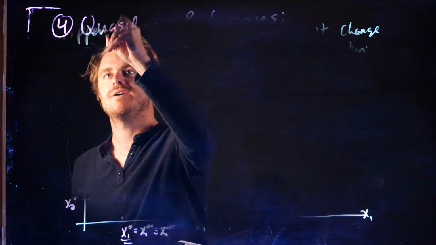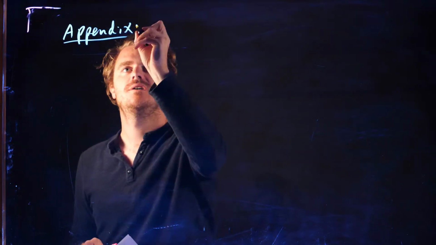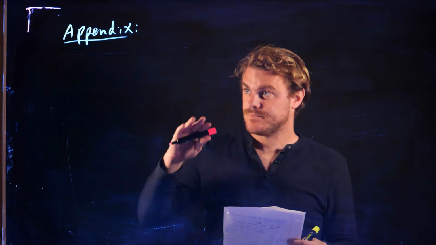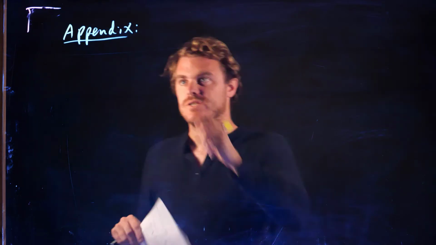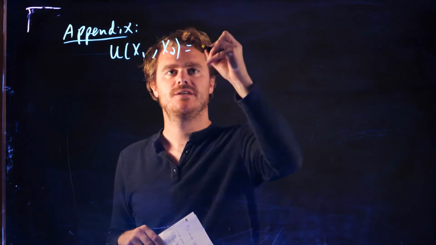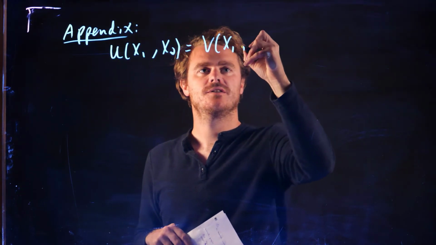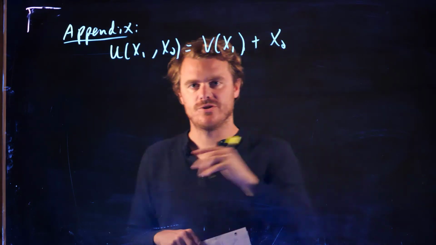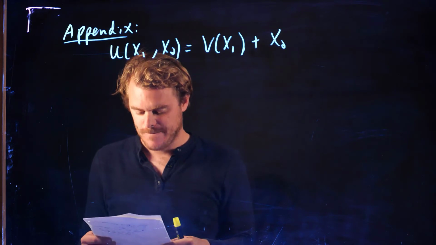These quasi-linear preferences, just the first part of the appendix, we talk about this. So again, we have some utility function that is non-linear with respect to good 1, but linear with respect to good 2. That's kind of like the example that we just saw.